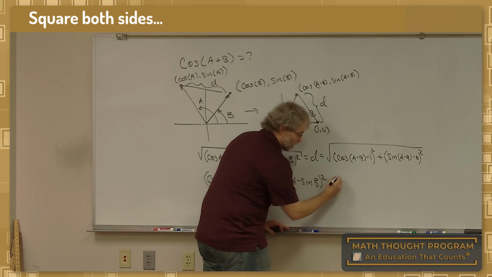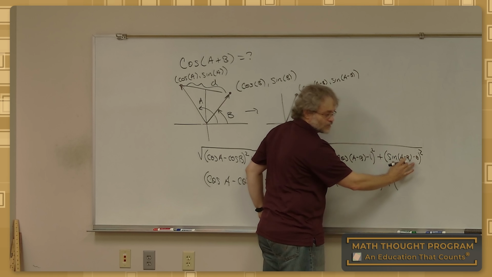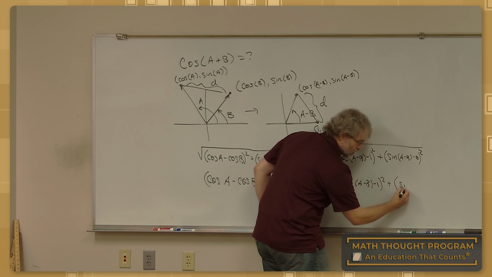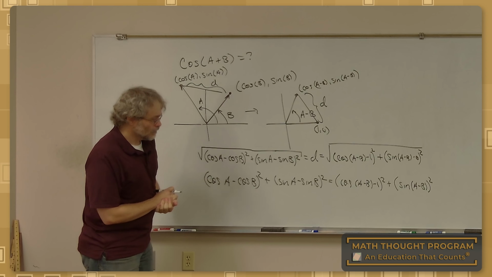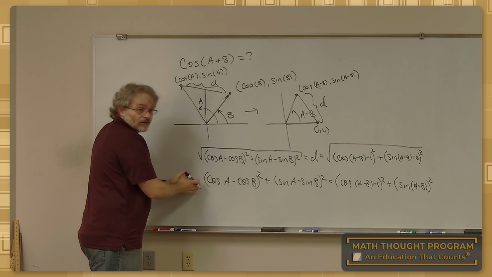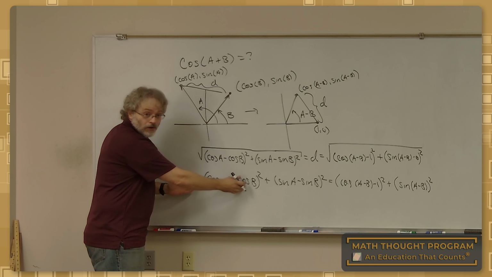And over here, same thing. We do have sine of A minus B minus 0, so let's just say sine of A minus B. Okay, now we're taking cosine of A minus cosine of B, and we're going to square it.